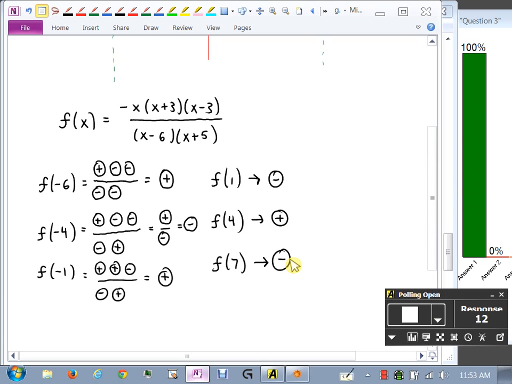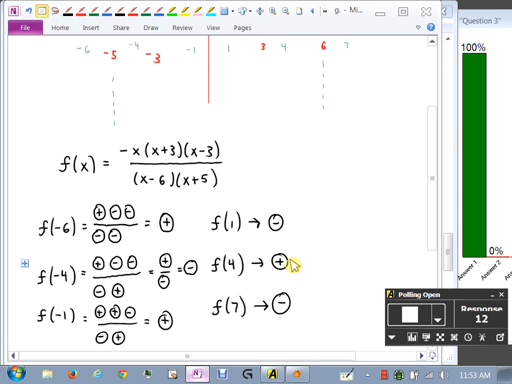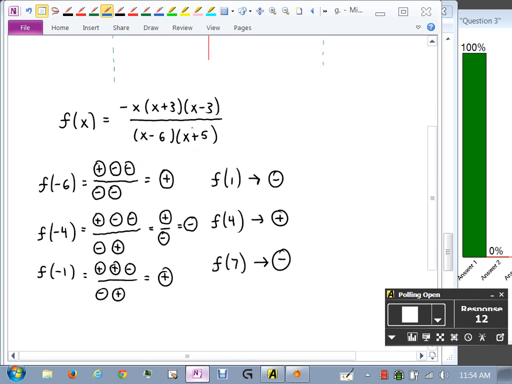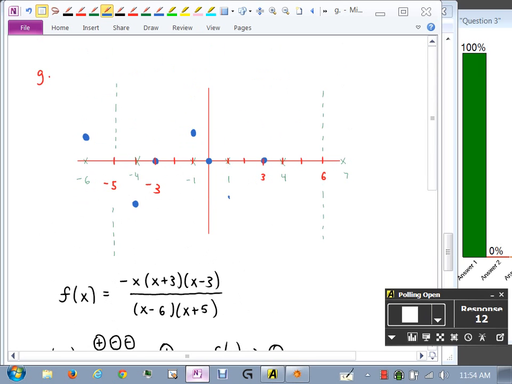All right, I think we're ready to put these test points on here, right? Everyone got that? Okay, -6, I'm going to put a point where? Above. Then at -4, below. At -1 above. At +1 below. At +4 above.